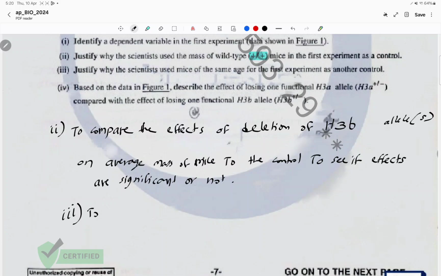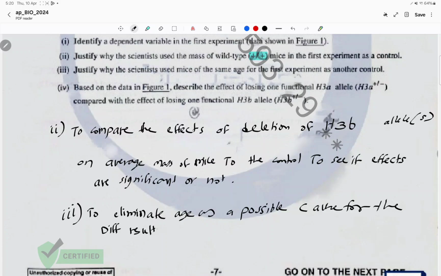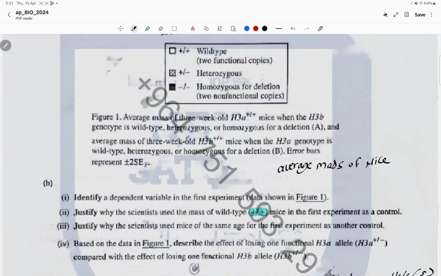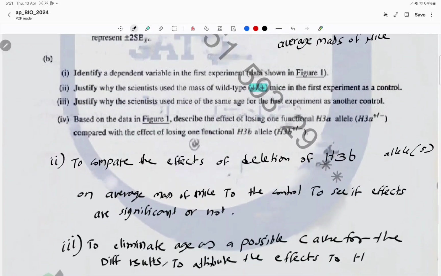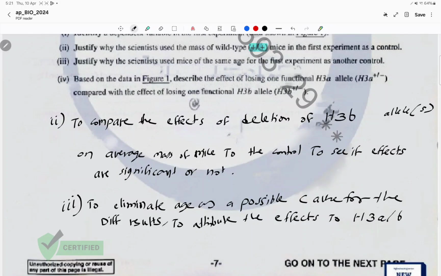To eliminate age as a possible cause for the different results, to attribute the effects to H3A/B genotype deletions only.